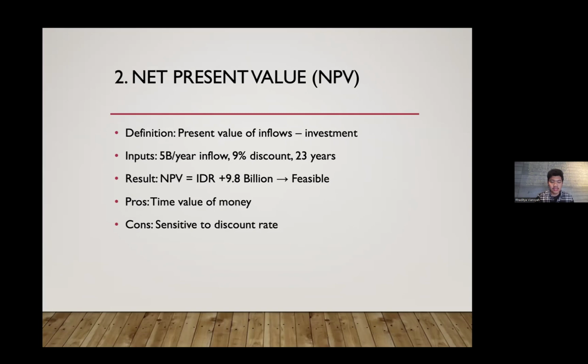And for the results, by the calculations, we have 9.8 billion rupiah, and it is feasible for the construction to be processed. And for the advantages, the net present value determines the time value of money, and it is very sensitive to the discount rate.